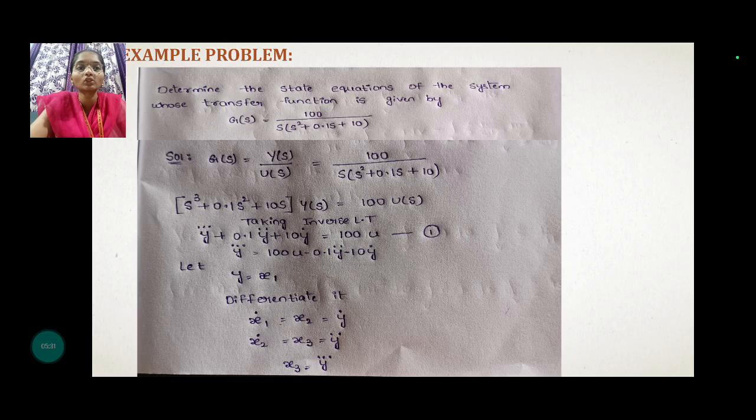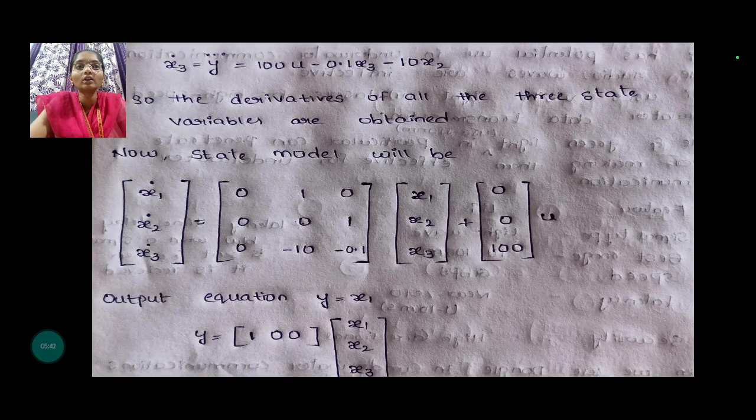Differentiating, x1 dot is equal to x2, which is y dot. x2 dot is equal to x3, which is y double dot. x3 dot is equal to y triple dot, which we got as 100 u minus 0.1 x3 minus 10 x2. So the derivatives of all three state variables are obtained.